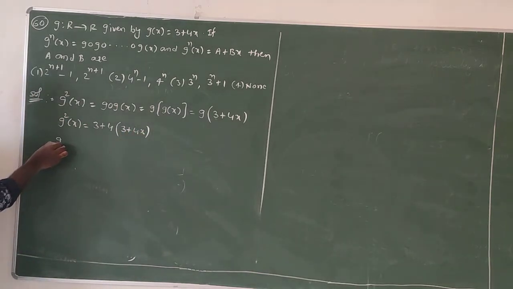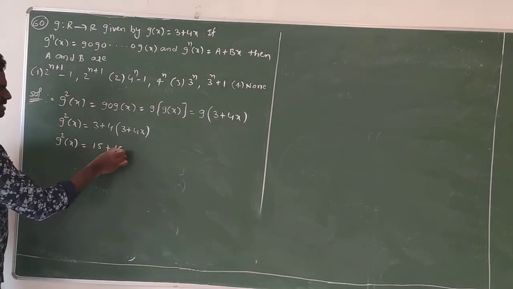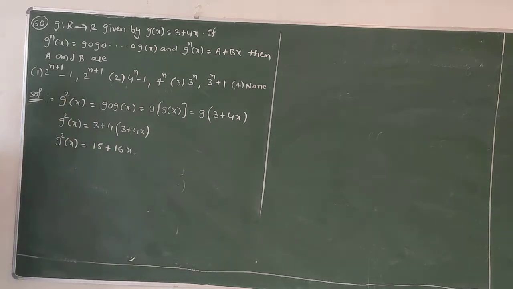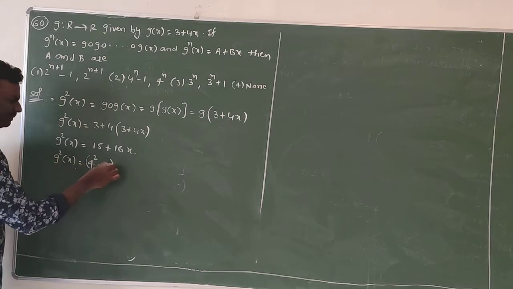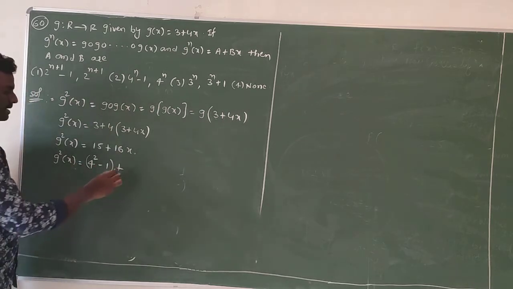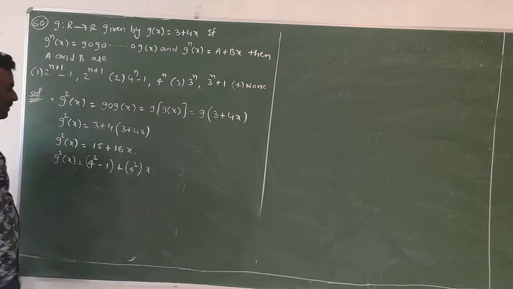Then g square of x is equal to 4 times 3 is 12, 12 plus 3 is 15, plus 16x. This can be written as g square of x equals 4 square minus 1 plus 4 square into x.